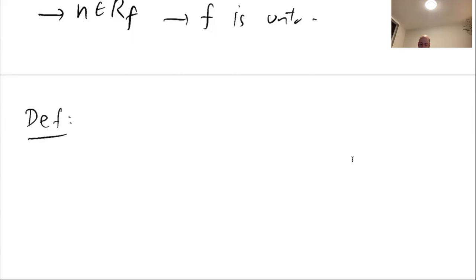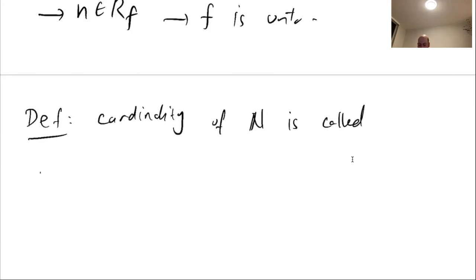It's a Greek letter that I would write for you. The cardinality of natural numbers is called aleph naught, and this is the notation.